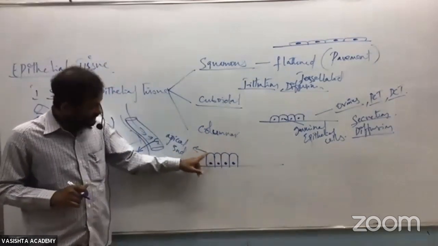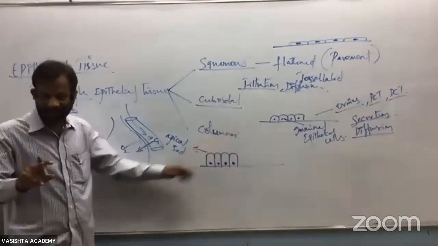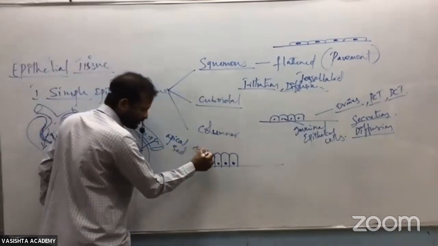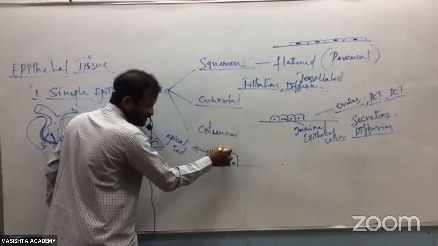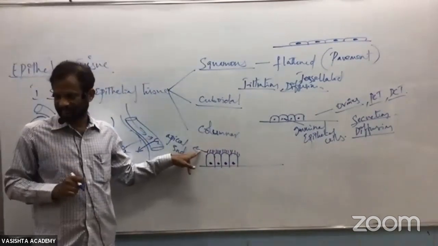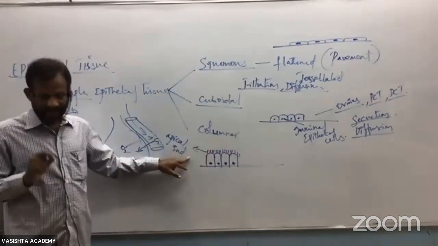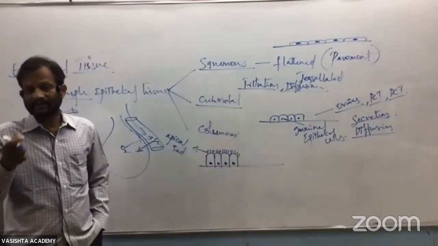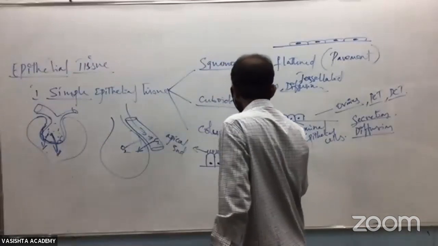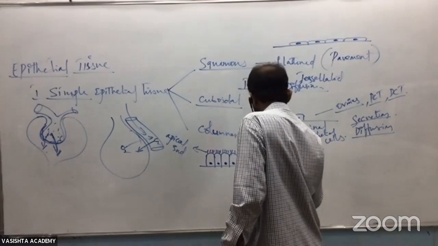So if this apical surface of the cells has cilia, which are very short hair-like structures, now this became ciliated. Previously it was non-ciliated. That's why, depending upon the presence or absence of cilia, we divide the columnar into non-ciliated and ciliated.